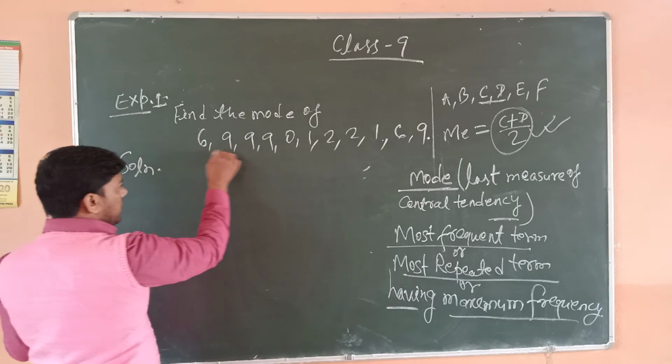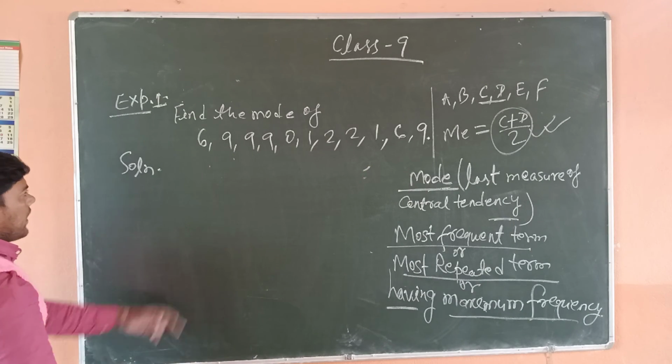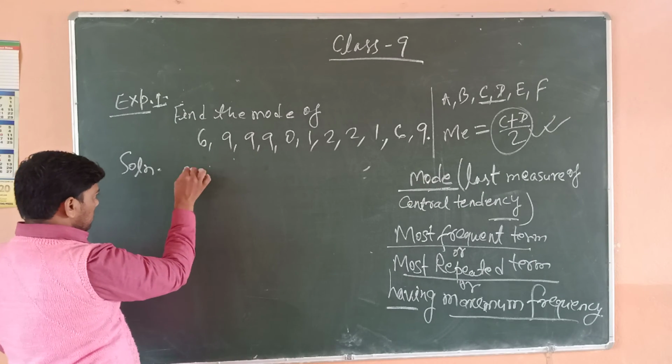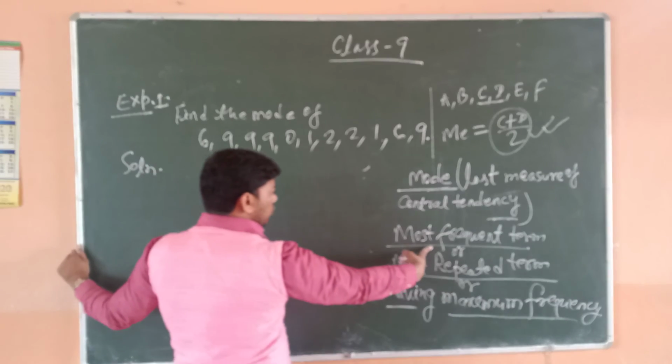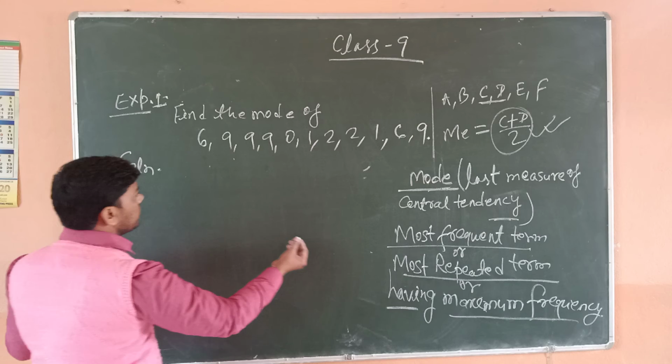It is given data and it is ungrouped data. We have to find the mode. Mode means most frequent term or most repeated term, having maximum frequency.